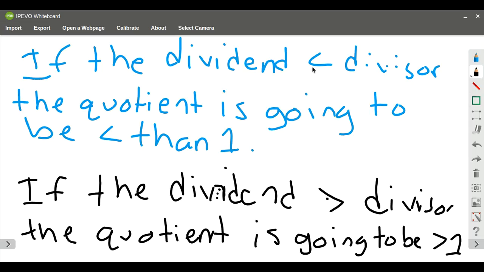So that'll help us when we start looking at some of our decimals to determine where the decimal placement is going to go.